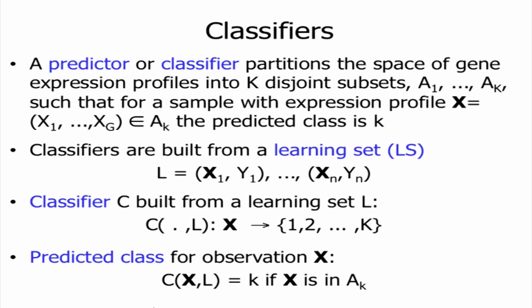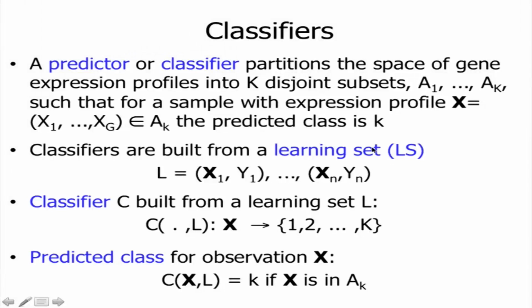So often, of course, we need to fit the classifier, or we need to teach it how to make predictions. And to do that, we need to have a learning set. So that's your first data set. And I distinguish the learning set from the test set, because the test set is an independent data set.